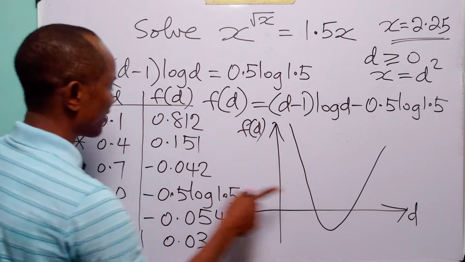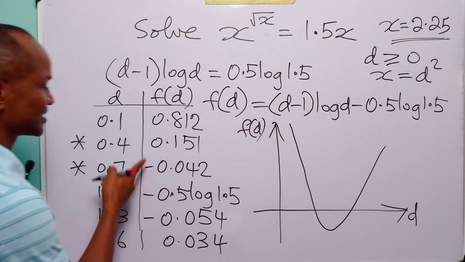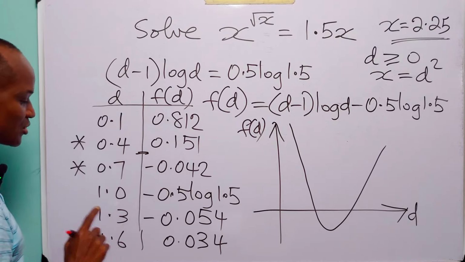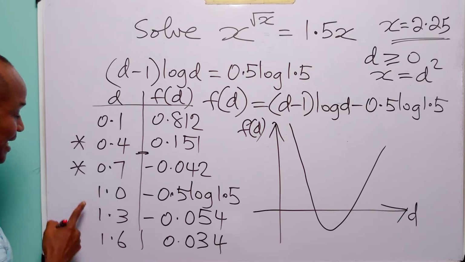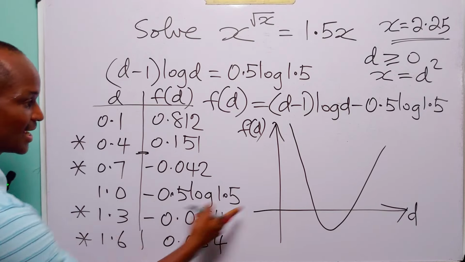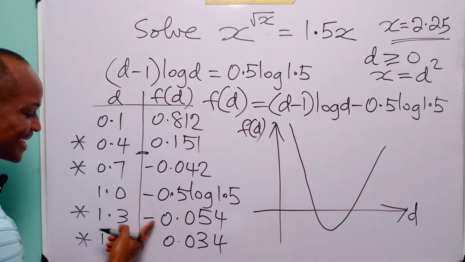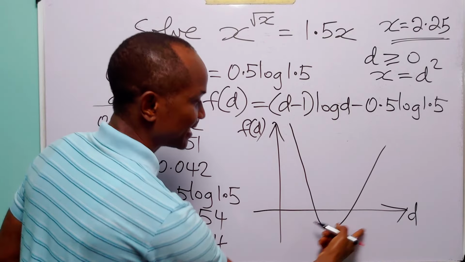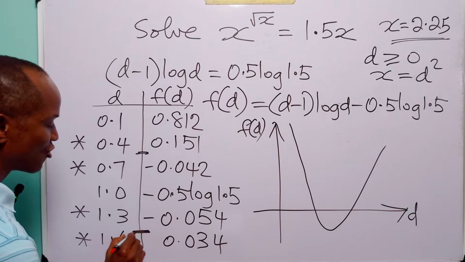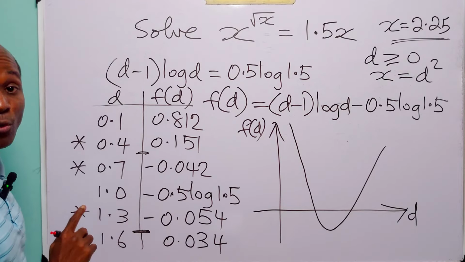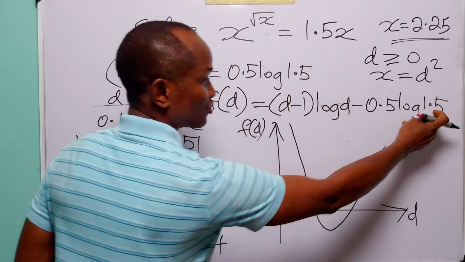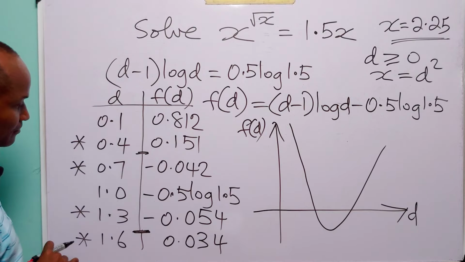That means that this graph crossed the axis somewhere between here. Notice also that there was another change in sign between values of d 1.3 and 1.6. This graph went from negative to positive. So there is another root between 1.3 and 1.6, and we have already calculated that root. We found it to be 1.5.